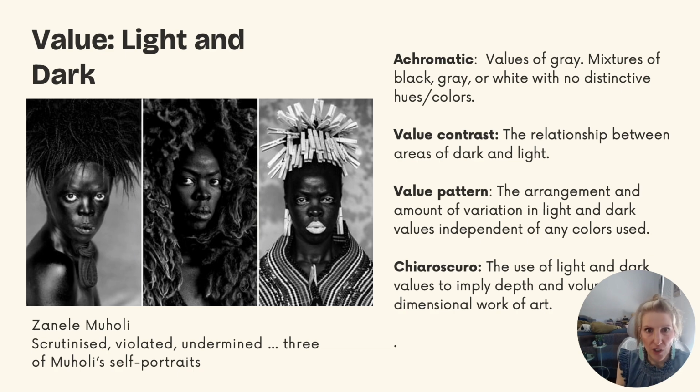A value pattern is the arrangement and amount of variation in light and dark values independent of any colors used. And chiaroscuro is Italian. It's the use of light and dark values to imply depth and volume in two-dimensional work of art. It's an Italian word that literally translates to light and dark, or light-dark.